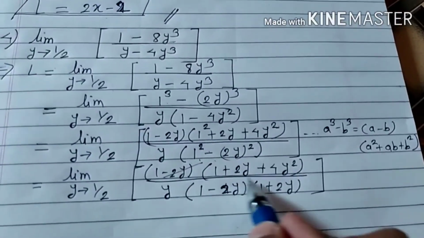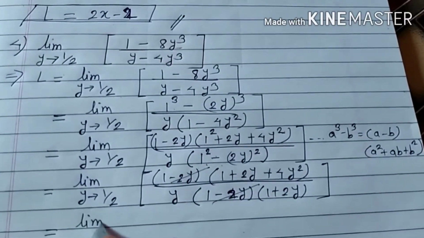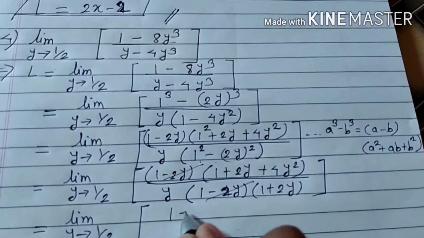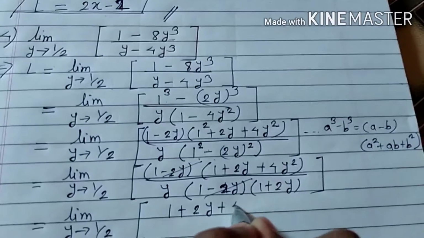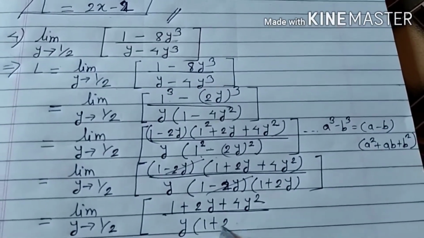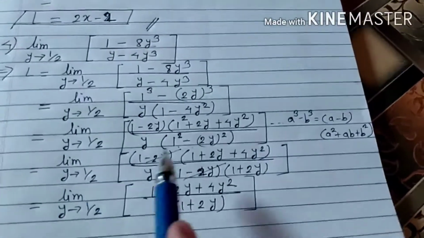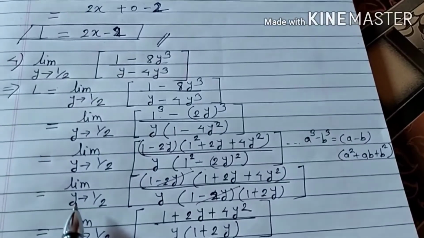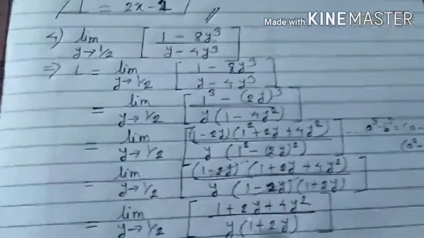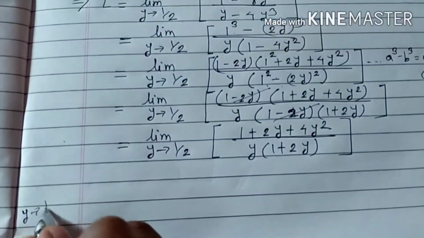Now this 1 minus 2y gets cancelled. Write the remaining terms. Now you can apply the limit, because this factor is cancelled. You can observe that y tends to 1 by 2.